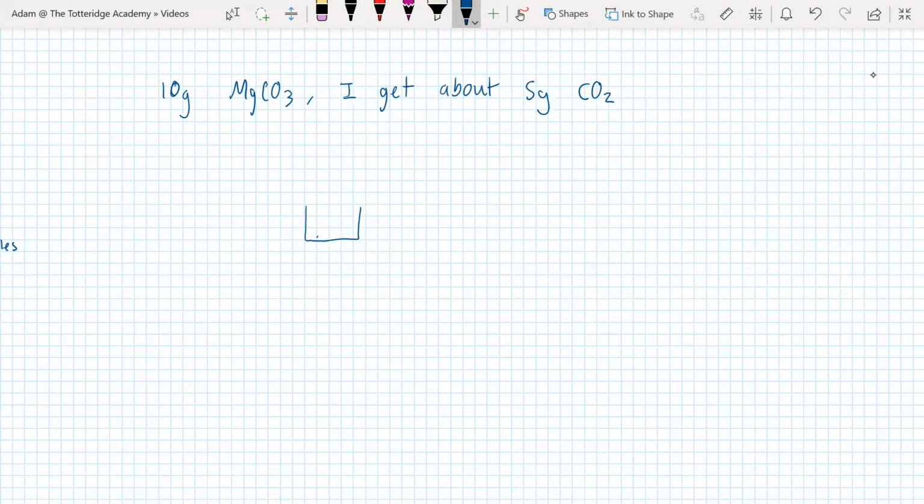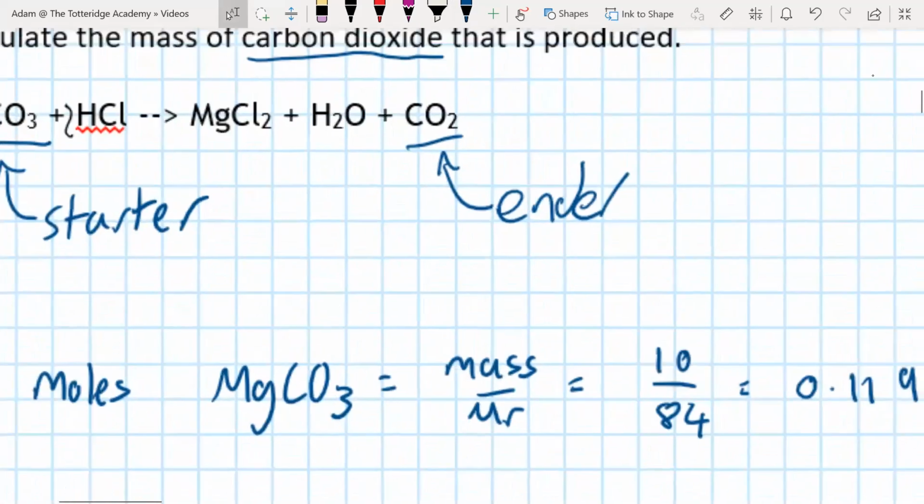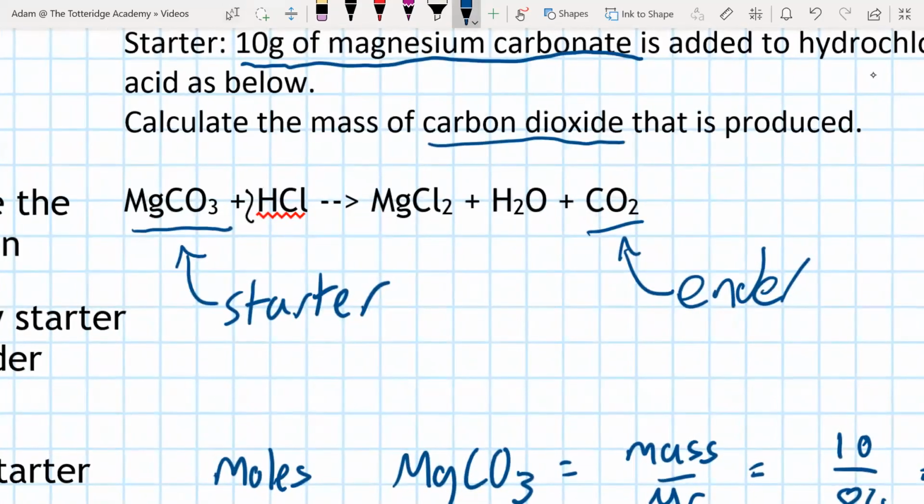It's normally a powder, like this. This is my powder, and I add to it only 1 drop of hydrochloric acid. That's my HCl. You can see in my equation that I've reacted HCl with the magnesium carbonate.